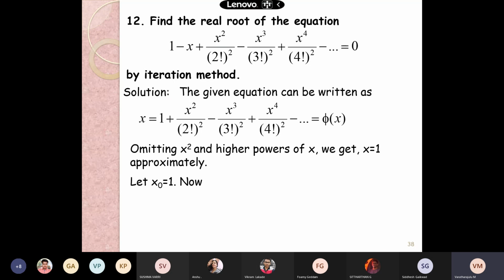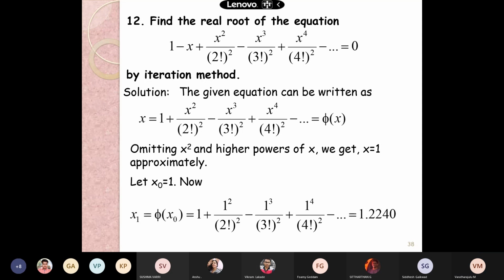So our x naught is equal to 1, and this is the first result. Try to check whether pi dash of x returns a value less than 1 and then continue this exercise.